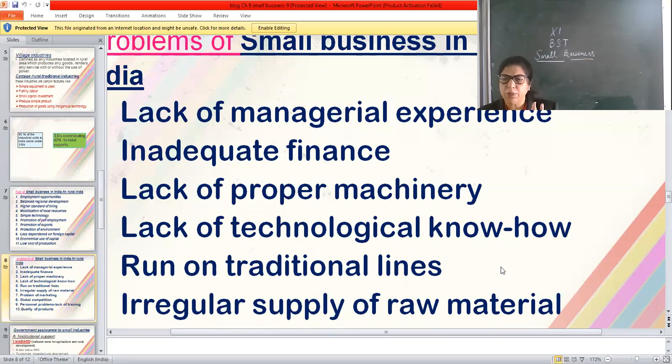So this is the problem the small scale are facing in India, that irregular supply of raw material. See, even if they try to manufacture the goods, they will have a lack of raw material. And what raw material they get is not as per specification, grading and standardization.